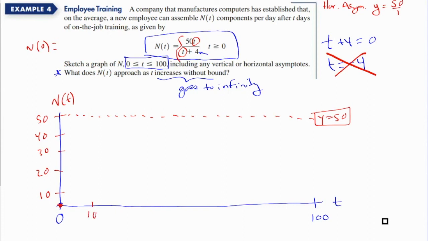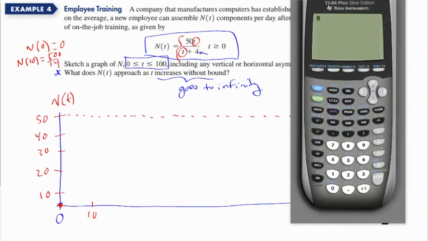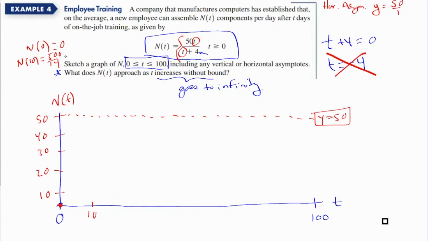If we plug in 10, n of 10 would give us 500 over 14. 500 divided by 14 gives us 35.7. So we'll say about 36. So we have a point somewhere around there.